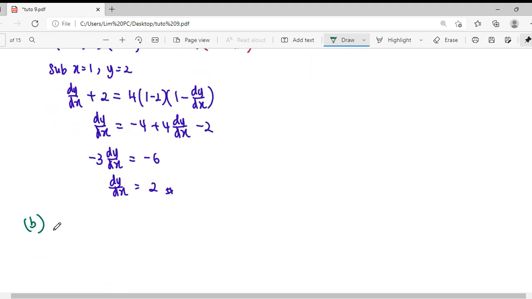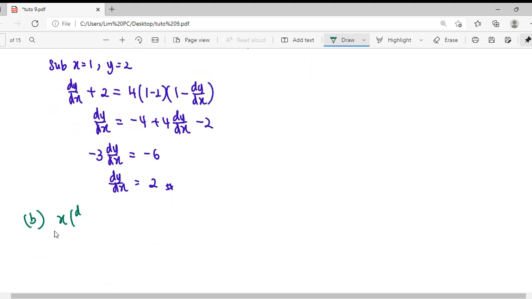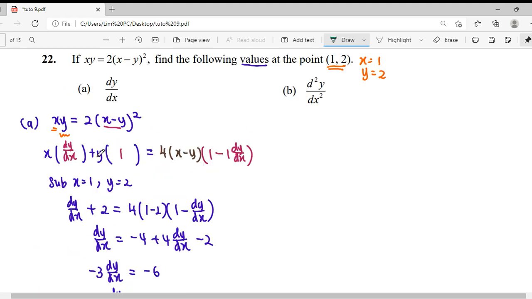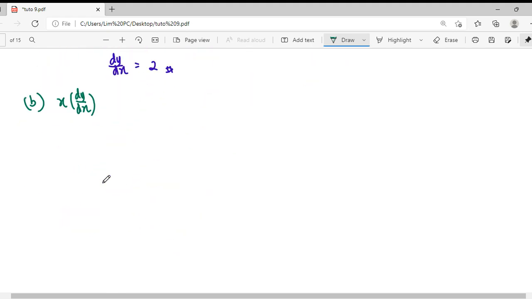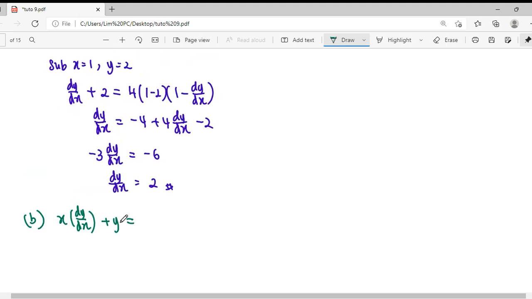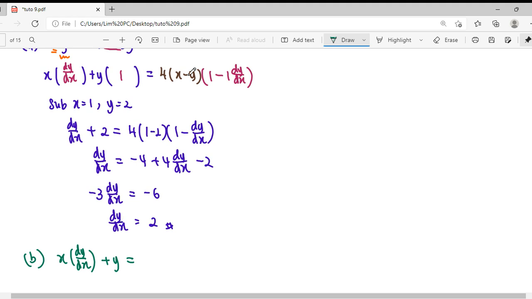So I rewrite this result: x dy dx plus y equals to 4 times (x minus y). If you want to look at it easier, you can multiply the 4 inside, 4x minus 4y.